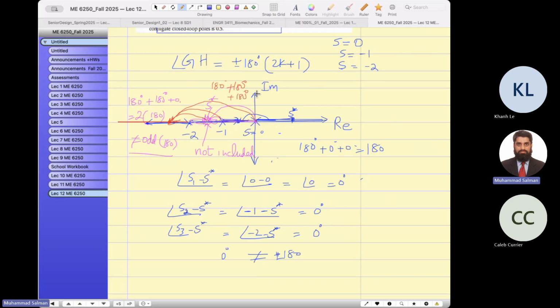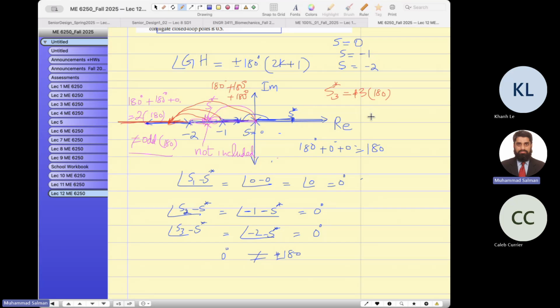So three times. So for the test pole at the third location, it is three times the 180 degrees counterclockwise. So all this location is inside our root locus on the real axis. So we have proved it.